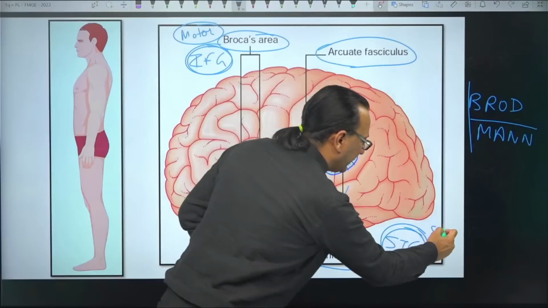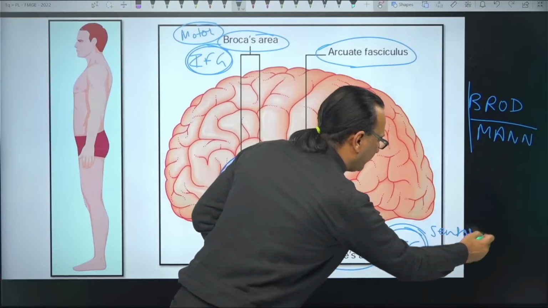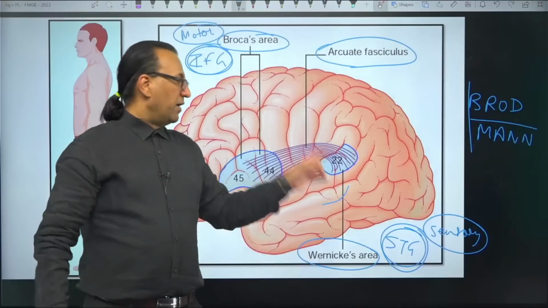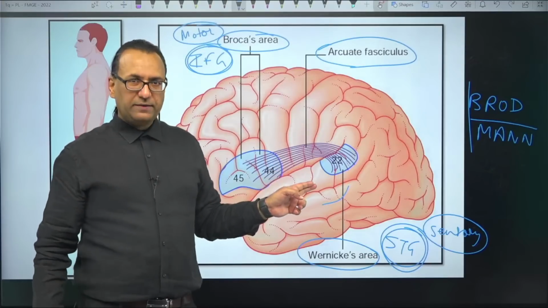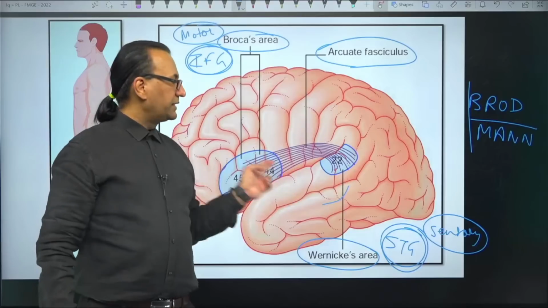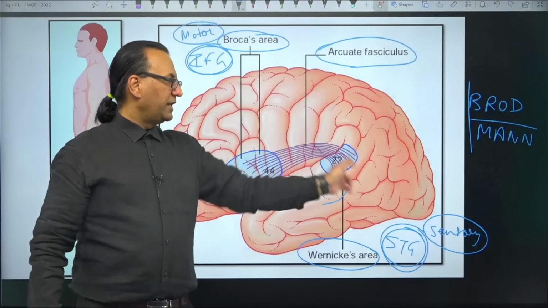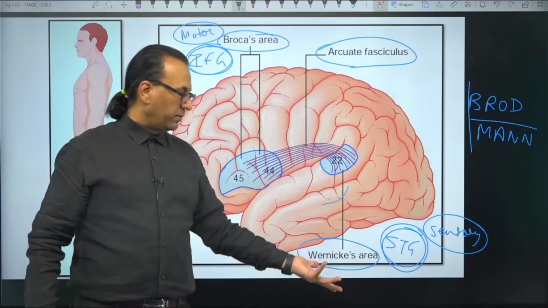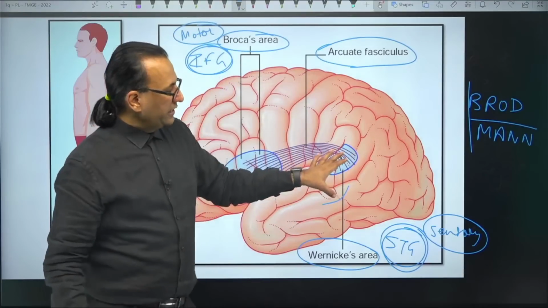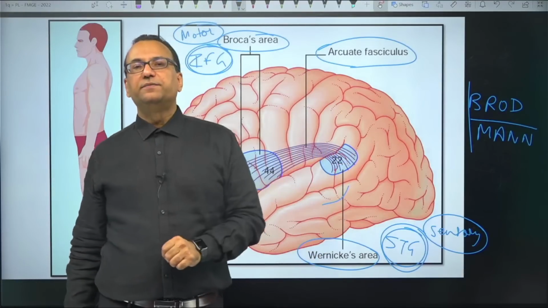Now, Wernicke's sensory speech area: what will happen if I have a lesion here? There is an artery, the middle cerebral artery. If there is a block in the middle cerebral artery, there is ischemia in Wernicke's area. What will be the problem? The problem will be Wernicke's sensory speech aphasia.